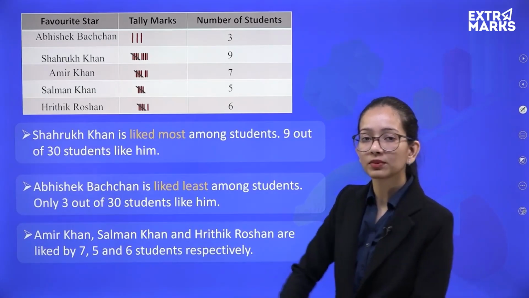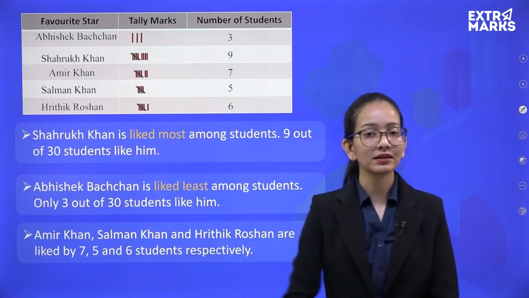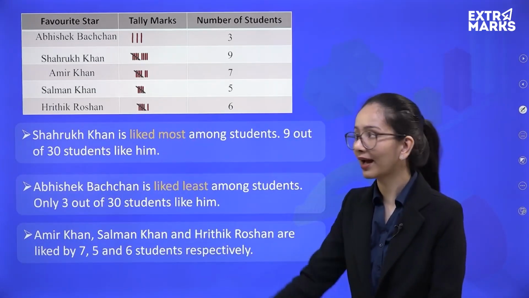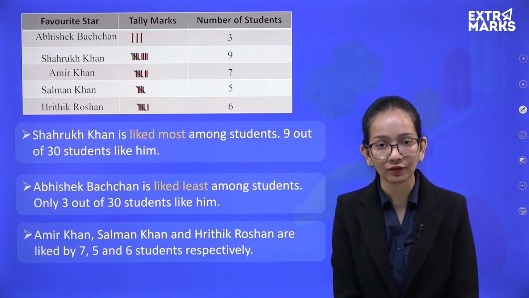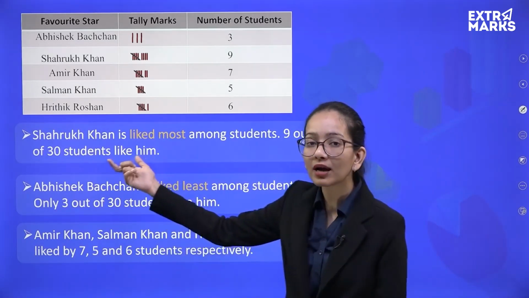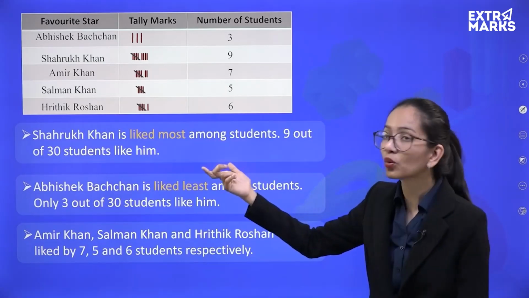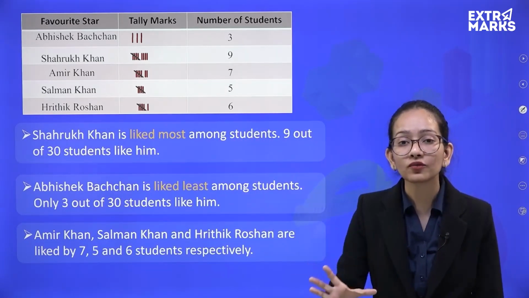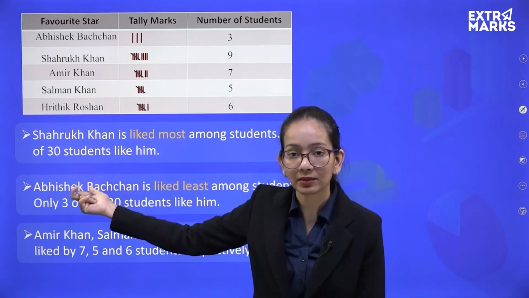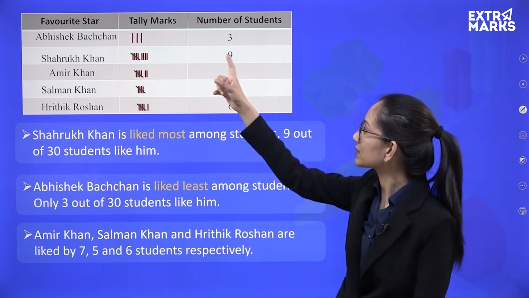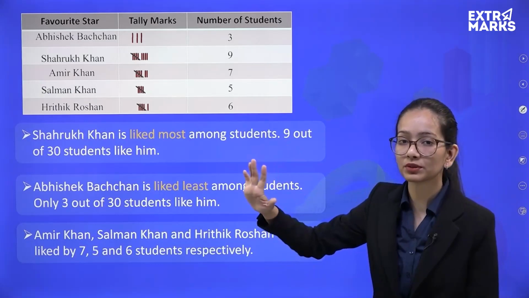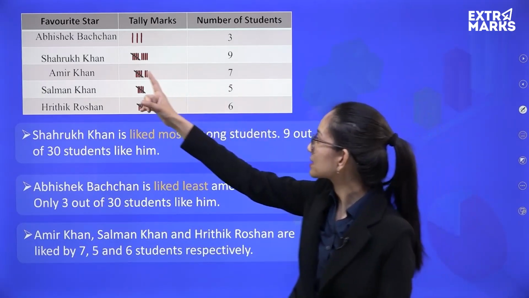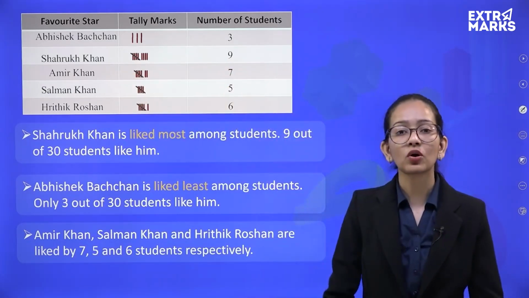Now from this table, I can easily extract and conclude the information. That is, Shah Rukh Khan is liked most among students, that is 9 out of 30 students like him. Here you can see the maximum number in this table is in front of Shah Rukh Khan.